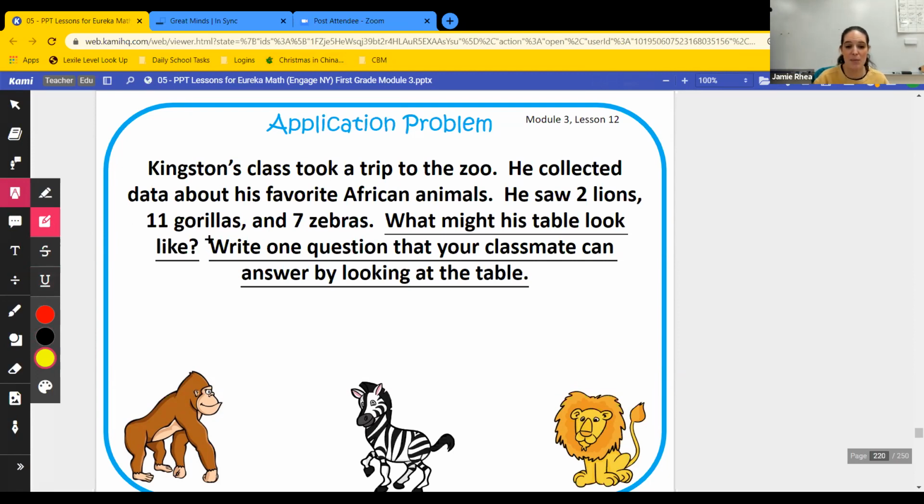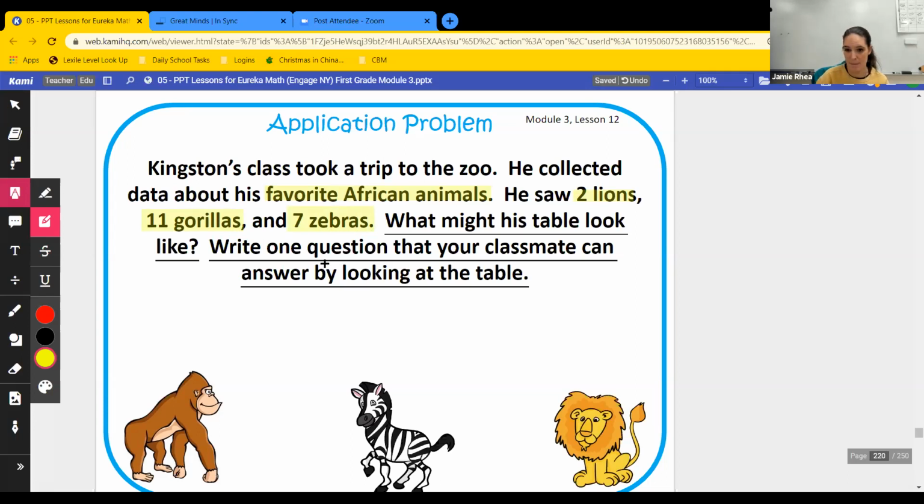He collected data about his favorite African animals. That tells me we're looking at favorite African animals. That can be our title. He saw 2 lions, 11 gorillas, and 7 zebras. Those are our data.